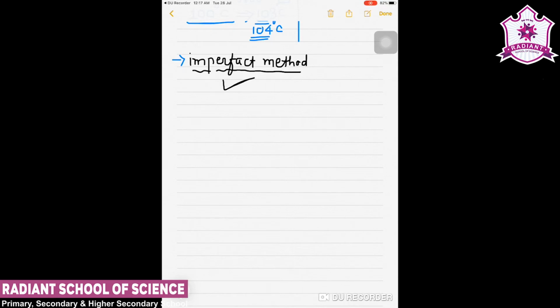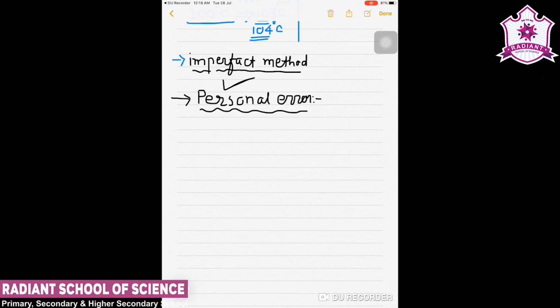And the third type of systematic error is personal error. So what type of error is personal error? An error that arises due to an individual's bias, a lack of proper setting of an apparatus, or an individual's carelessness in taking observations without observing proper precautions.